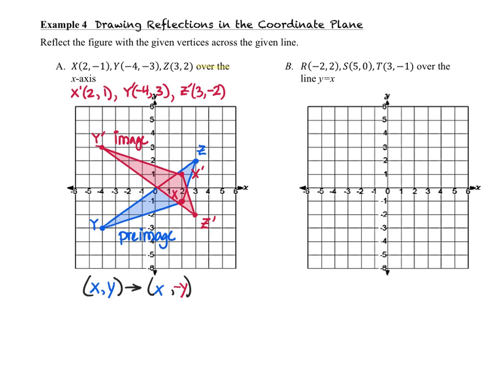Then you're going to figure out your new points, and then you're going to plot those new points for the image. The only thing I'm going to get you started with is we are going to plot that line y = x, and I just want you to be able to see what you're reflecting over, and it'll make it a little bit easier to see the reflection once you plot the pre-image and the image.